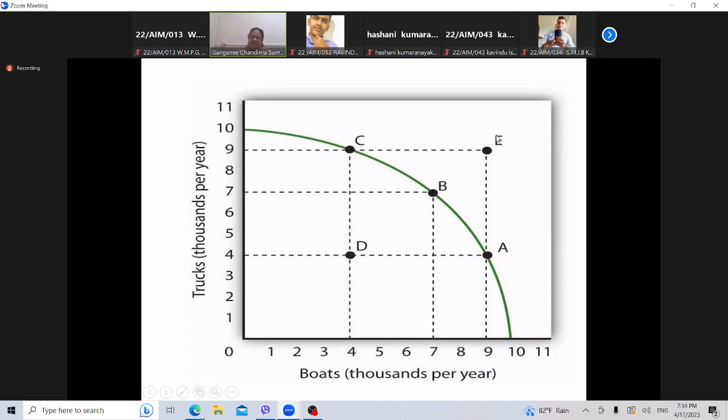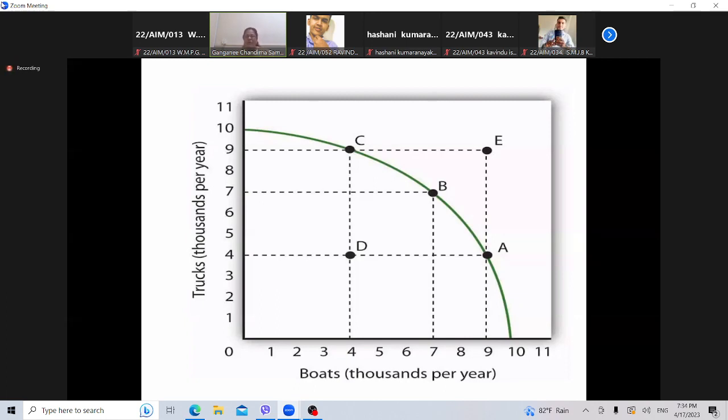Point E, what can you say about point E? Unfeasible. Very good. Unfeasible and inefficient also. Not only inefficient, because for efficiency we need to see if they can produce. But point E, we can't produce even, because there are no more resources.